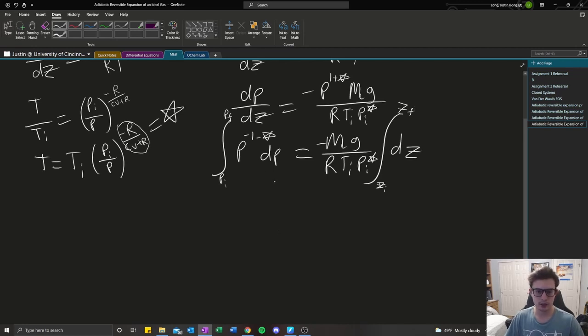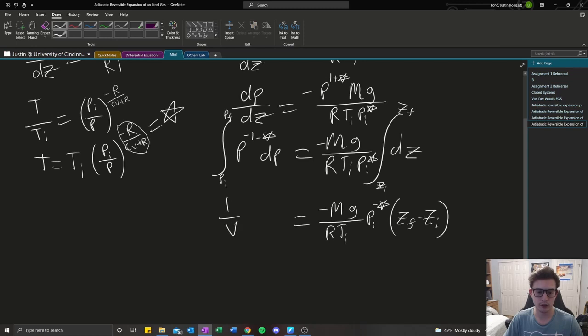So this will give us, I'm going to do the right side first, negative mg over R T initial, pull this out here, times the final position minus the initial position, and then on the left we end up with 1 over star P to the negative star.